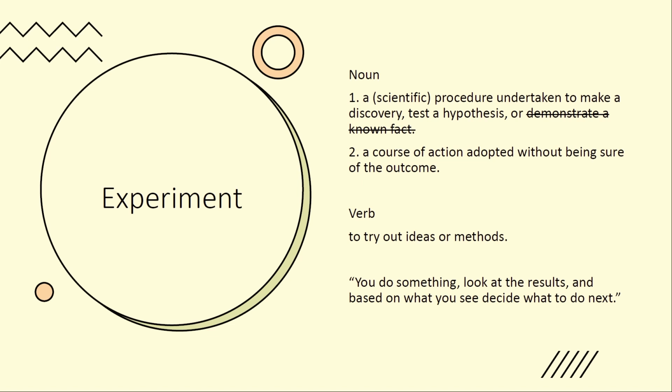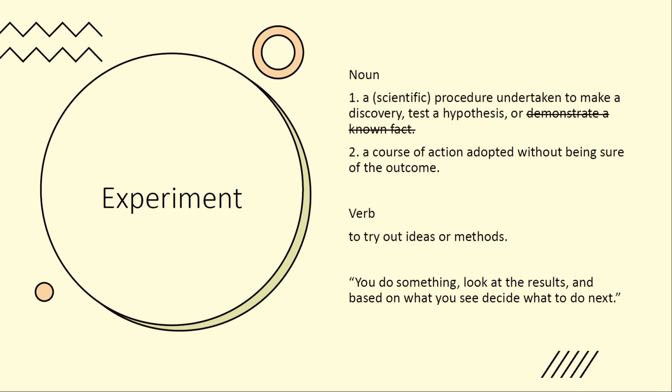So, as a noun, an experiment is a scientific procedure undertaken to make a discovery or test a hypothesis, or demonstrate a known fact. Now, I've kind of crossed that out, but I'm not 100% sure about crossing out demonstrate a known fact. But certainly we can think about how this scientific definition of the experiment applies to art making.